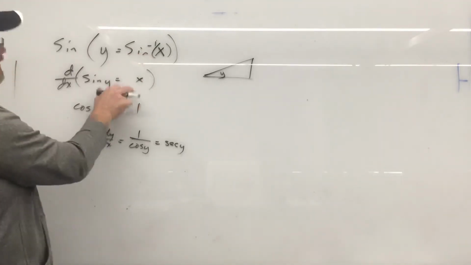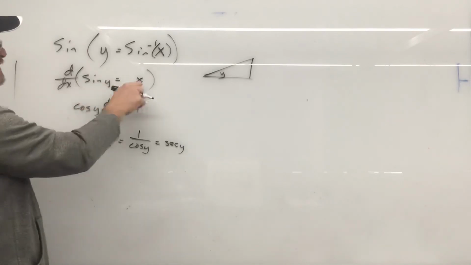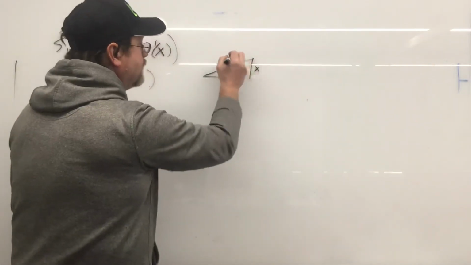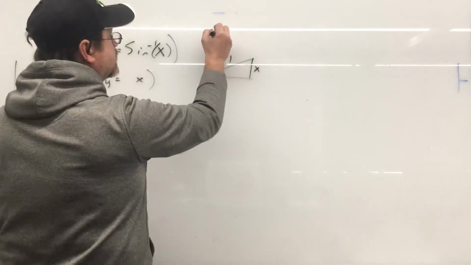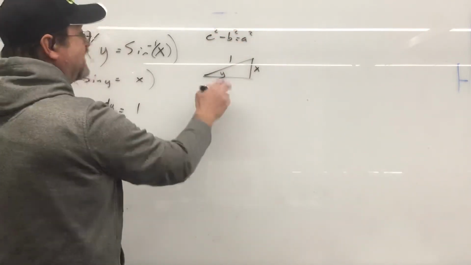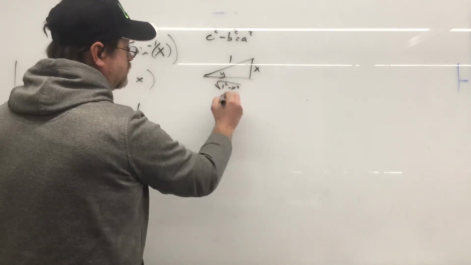Well, this is the same thing, just written a different way: the sine of the angle is equal to x. Well, sine is opposite over hypotenuse. That means those two have to be those things. And again, from a squared plus b squared equals c squared, or c squared minus b squared equals a squared perspective, this side is going to be the square root of 1 squared minus x squared. Of course, that's just 1 minus x squared under the radical.